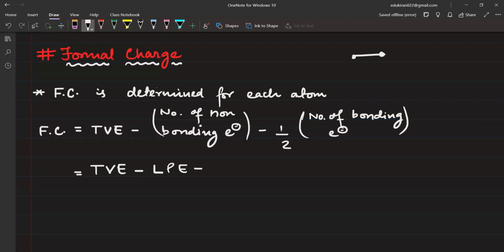In one bond, we have how much? In one bond, we have 2 electrons. So we have to count 2 electrons and then divide by 2. So what we can directly write? We can directly write number of bonds. Okay. Number of bonds. So formal charge, very easy formula. Total valence electrons minus lone pair minus bonds. This total valence electron of an atom. All of these things will be for an atom.